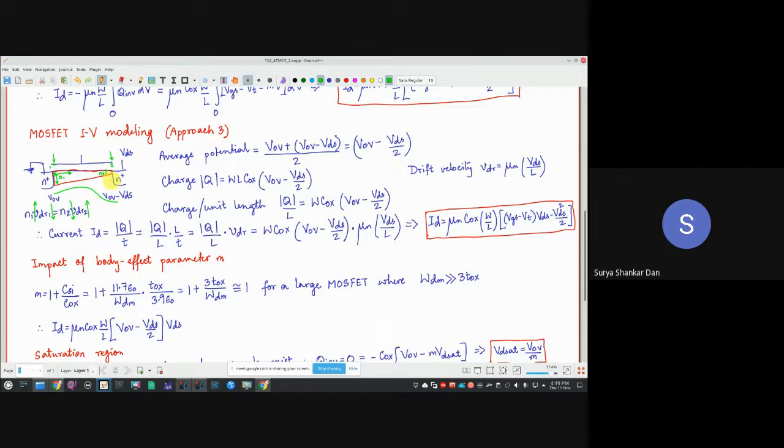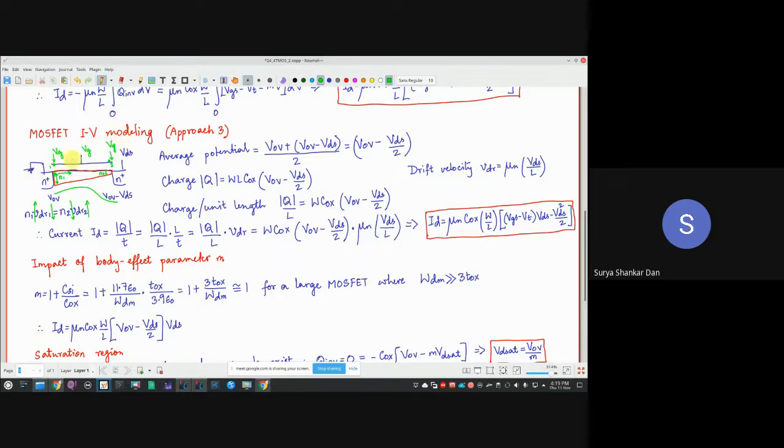Now again, something important: will this charge on the gate terminal be equal to this charge on this part of the gate terminal? The answer is yes, because remember, the gate terminal is metal. So if you are applying Vg over here, this is also going to be Vg, and this is also going to be Vg.